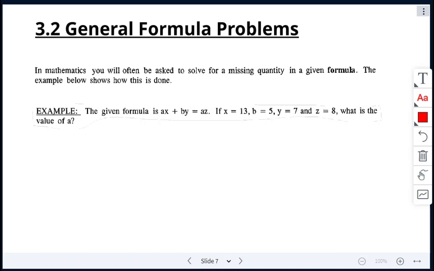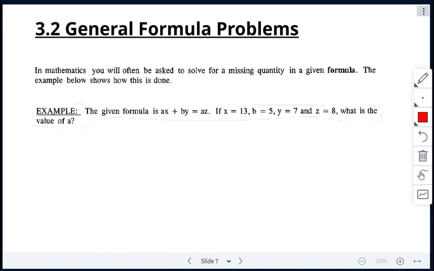So in this first example, the given formula is ax plus by equals az. So if x equals 13, b equals 5, y equals 7, and z equals 8, what is the value of a? So the first step we have to do in a question like this is substitution. So we'll start with substitution, and then we'll solve for the missing variable.